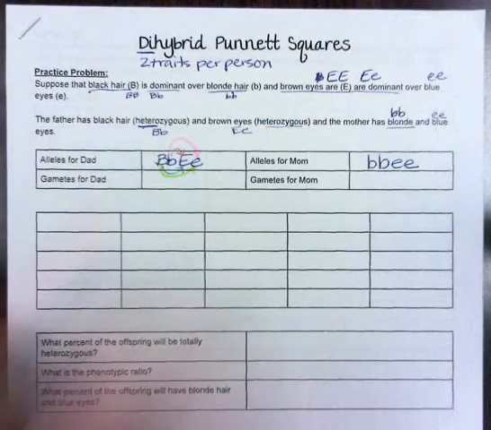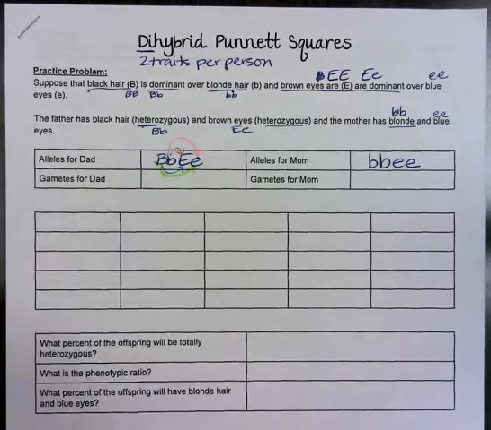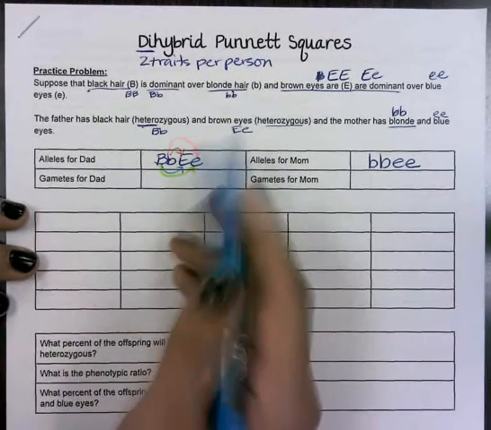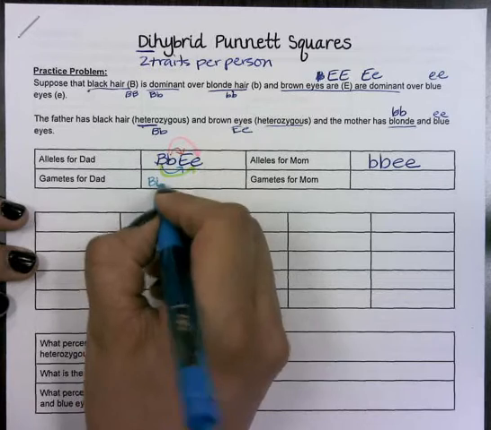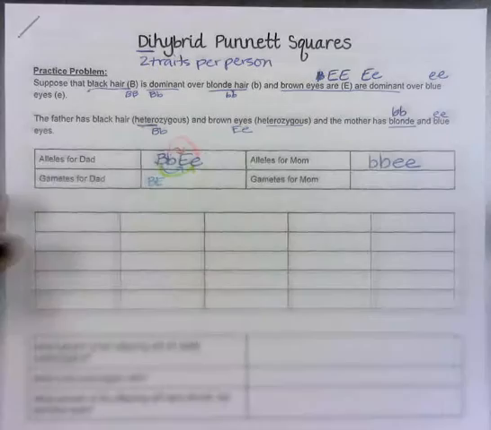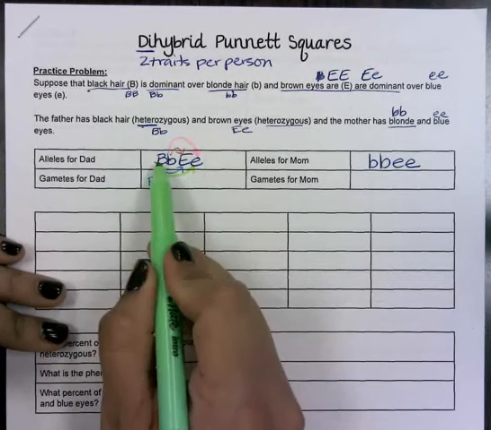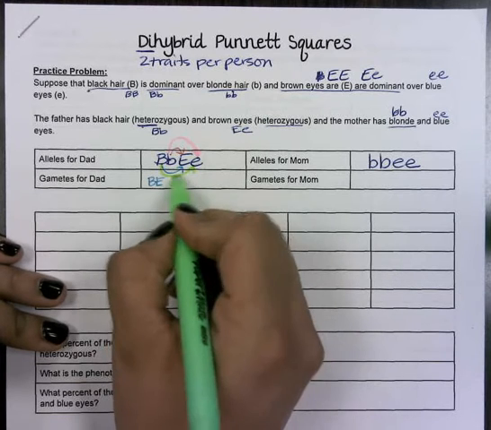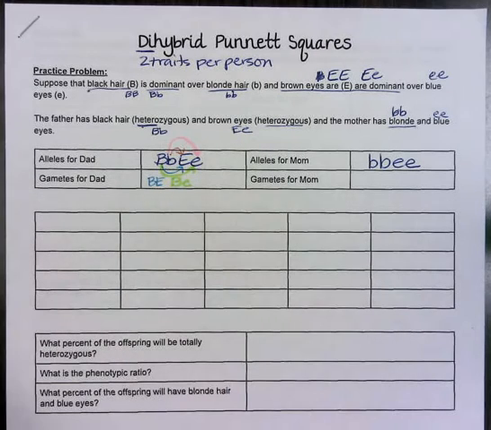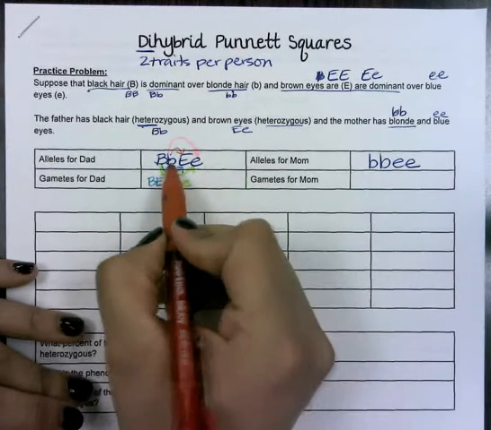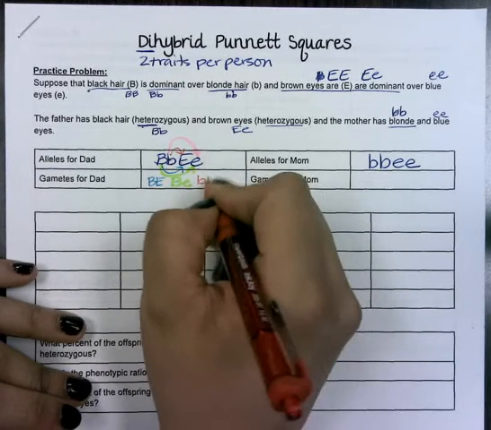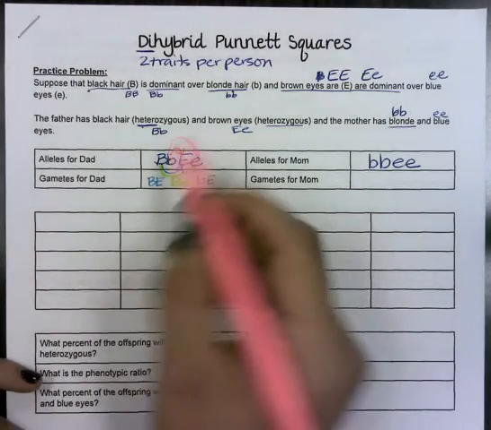So if we do the first, this capital B to this capital E, the first gamete is capital B, capital E. The next one is taking the capital B to the lowercase e, capital letter goes first. Then we have the inner, so lowercase b to capital E, we're going to keep B first in this case. And then the last one, lowercase b to lowercase e.